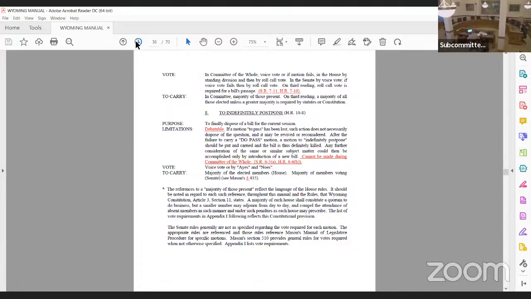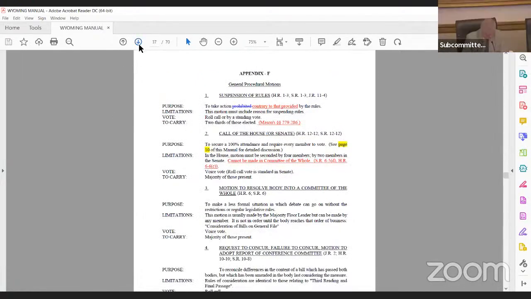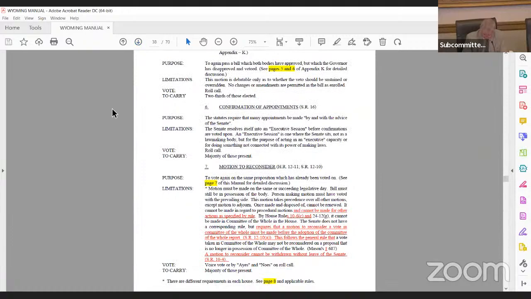Okay, now on the F2, Mr. Chairman. This is where we talk about what Matt and I just talked about: the Senate having a motion to reconsider provision in rule, which the House does not, and the House doesn't allow reconsideration in committee of the whole.